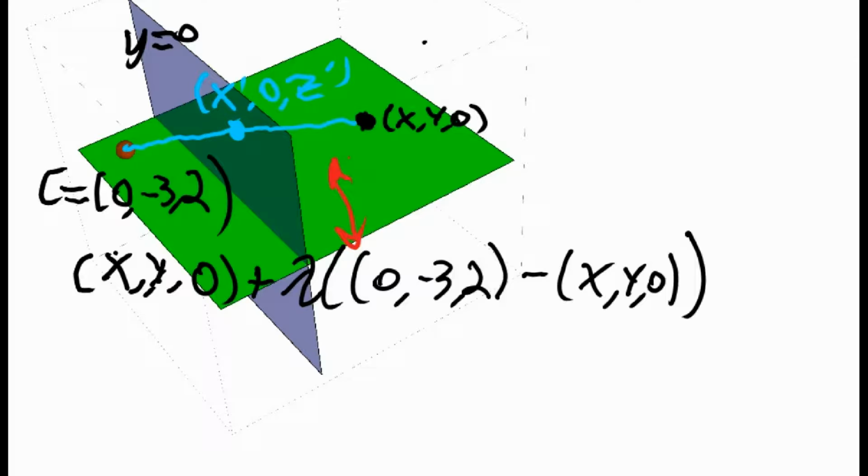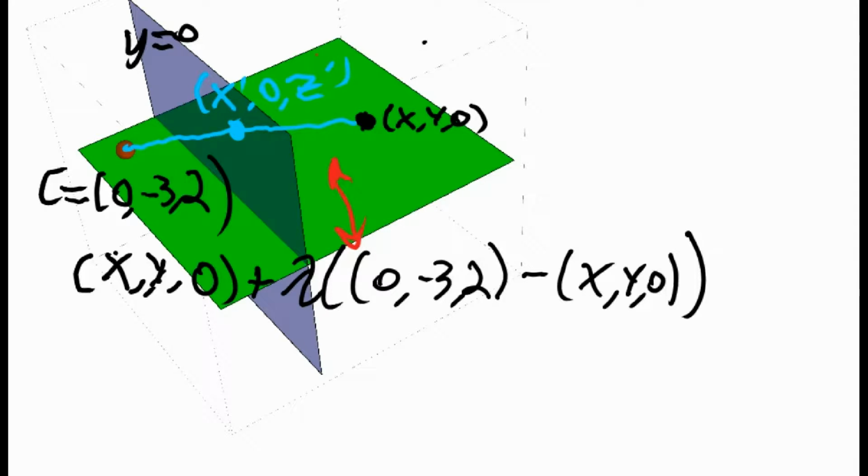So essentially what this is saying is we start at the object and then we travel lambda from the object towards the viewing point. So this obviously is going to correspond to this ray here drawn in blue.